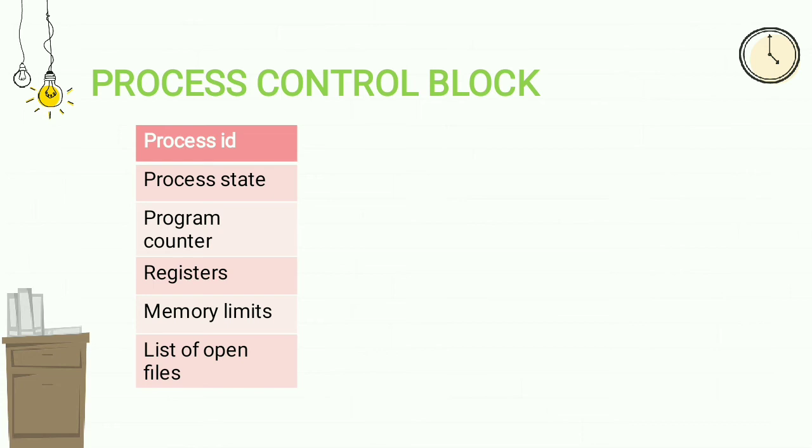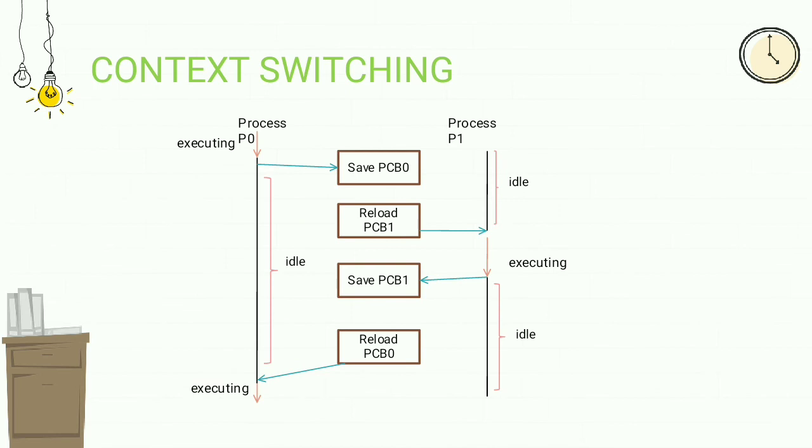The next one is the list of open files. It includes the list of input output devices allocated to the process, the input output status information and the accounting information of the particular process. So this is about the process control block. You can imagine it as the ID of a student, which includes all the basic details of the student.